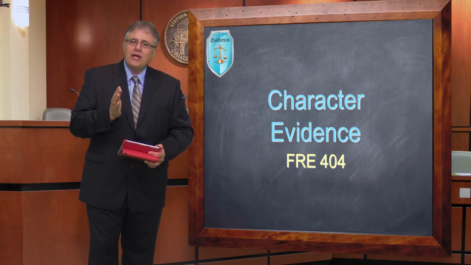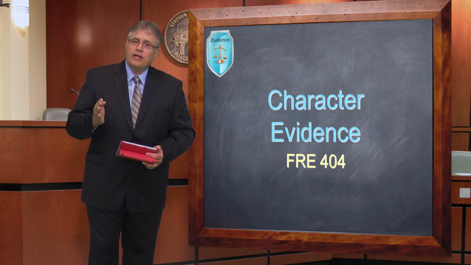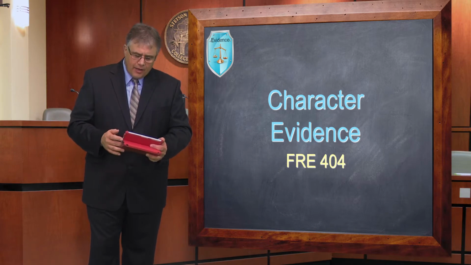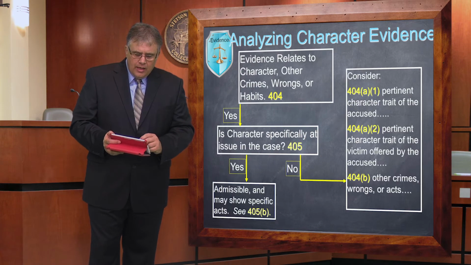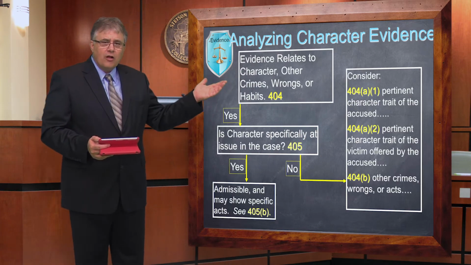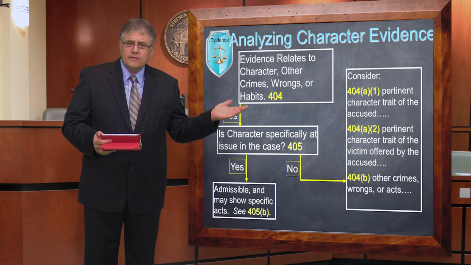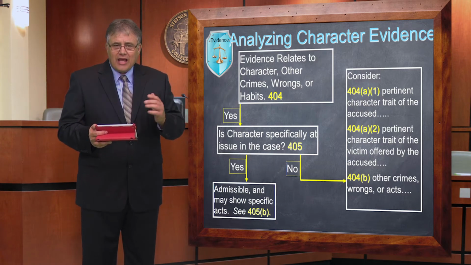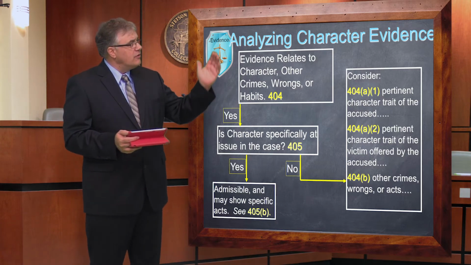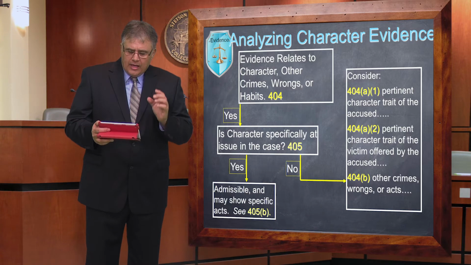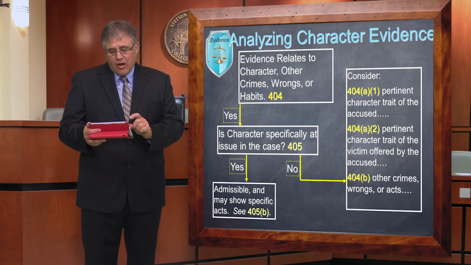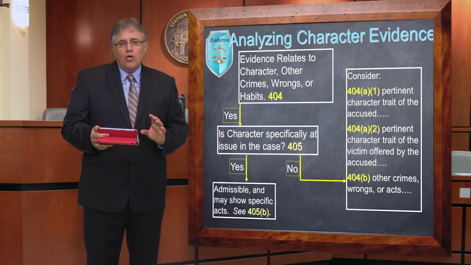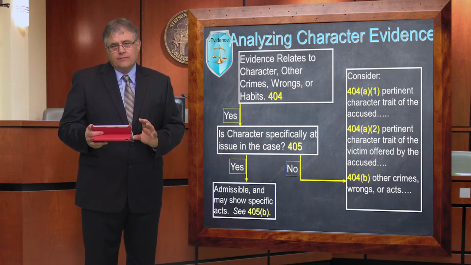And then we'll segue into a discussion of the Florida rules of character and how they're different. Now, this flow chart that I've got over here is going to be a series of slides. And each slide is going to have a box that'll pop up. And you'll see the first one right now is that 404 deals with evidence relating to character, other crimes, wrongs, or habits. That's the purpose of the rule.